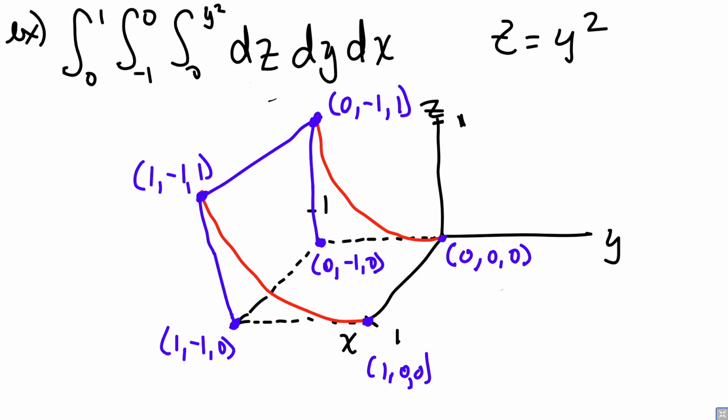Well, let's think about it. Based on the picture, what's our lowest z value, and then what's our highest z value? Yes, it will be from 0 to 1.